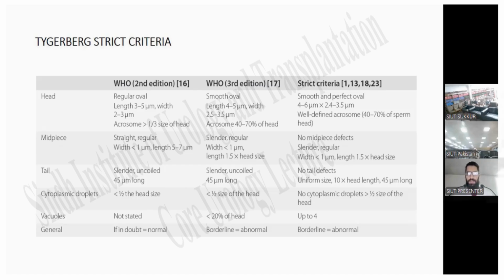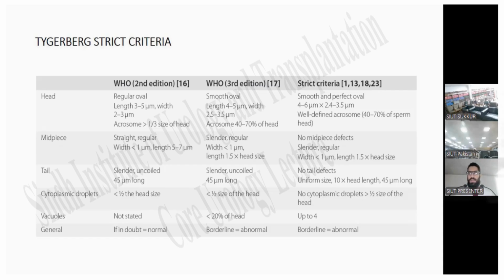The strict criteria says that the head should be smooth and perfectly oval, 4 to 6 micrometer in length by 2.4 to 3.5 micrometer in width. It should be well defined, with a well defined acrosome which should cover 40 to 70% of the sperm head. The midpiece should not have any defects.